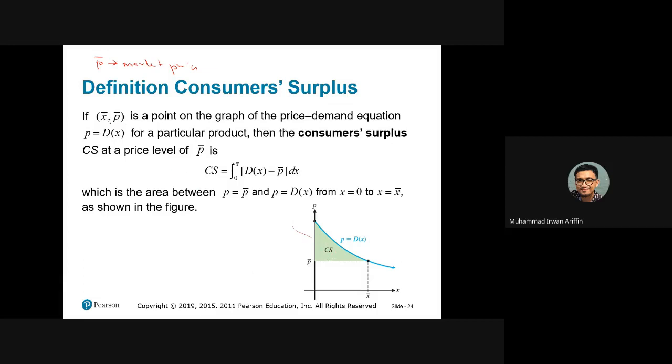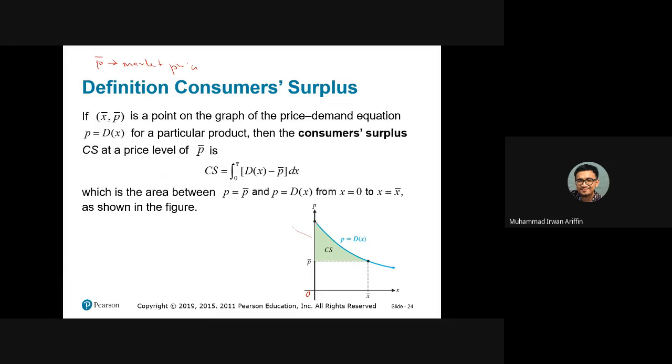Let's say X bar and P bar is a point on the graph of the price demand equation, P equals d(x), where X is the quantity and P is the price for a particular product. Then the consumer surplus at the price level P bar is represented by this shaded green area, where we measure from 0 to X bar the area under this curve.